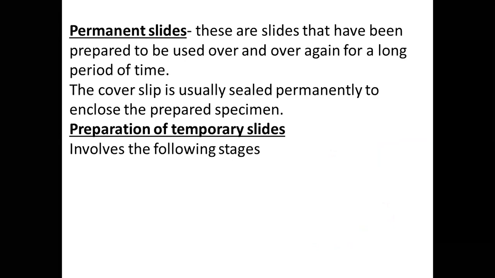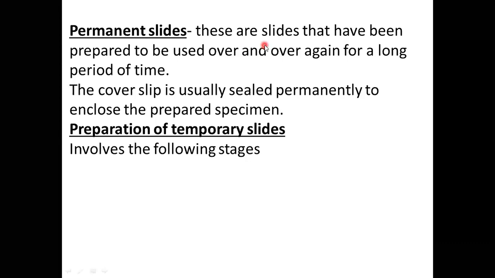Now, types of slides. There are two types of slides. The first type of slide is what we call permanent slides. Then the second one is what we call temporary slides. Mainly what we deal with are temporary slides. But it is upon the student to know what the examiner is looking for in this question. Now, permanent slides.